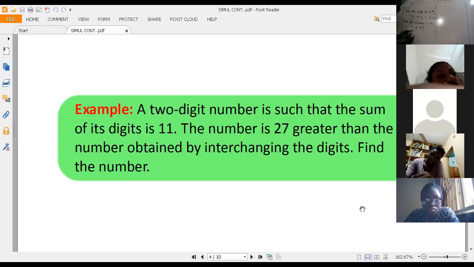Now, for better understanding, let me put a number here just to express this. Let us say that instead of writing x and y, I have 39. So this should be my x, this should be my y. It's an example. I can write 39 in this form: 10 multiplied by 3 plus 9.